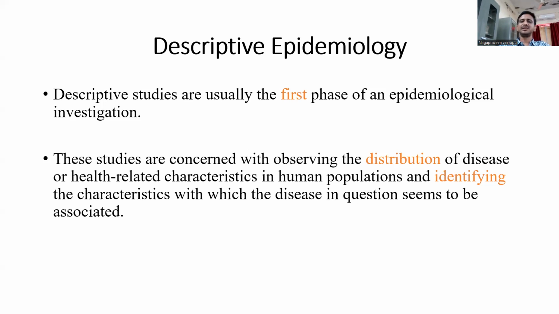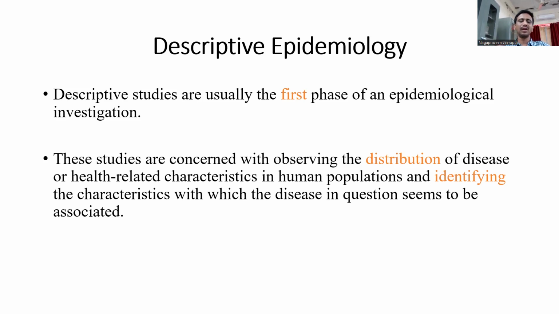Any epidemiological investigation, whatever it may be, first we will begin with description of the things. Here we will see the distribution of the disease or the health-related states, and we identify the characteristics or the factors which seem to be associated with the disease.